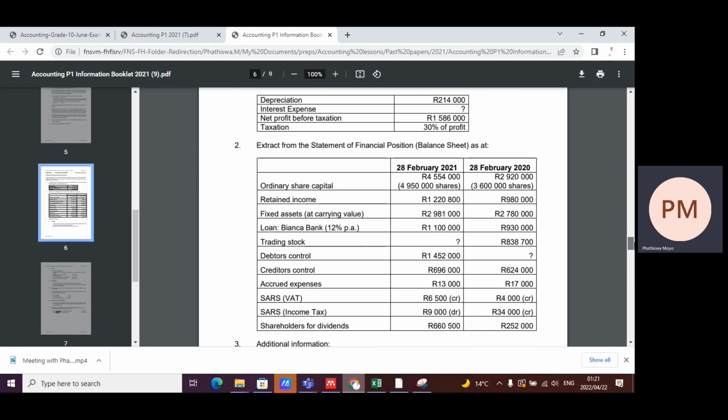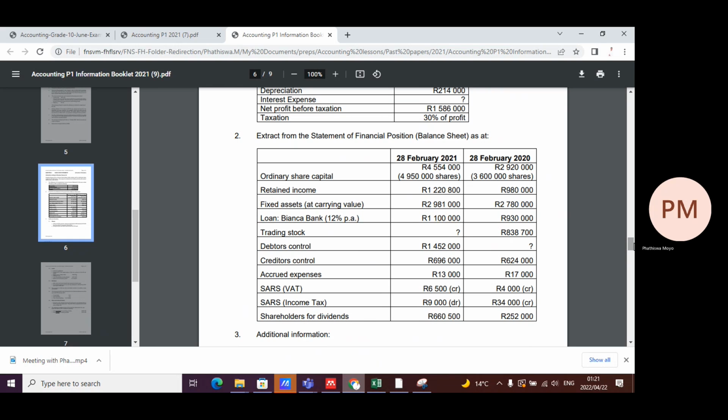We got rid of this because we want to know the value of the vehicles they purchased.